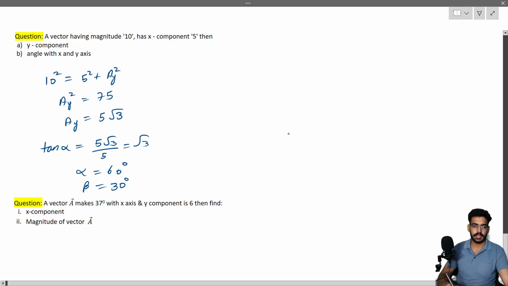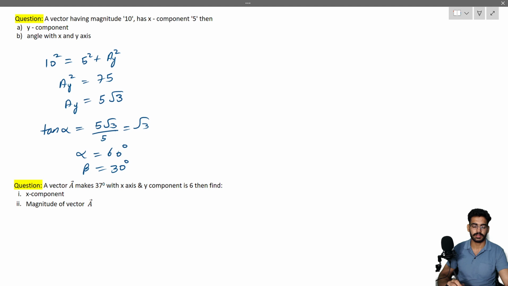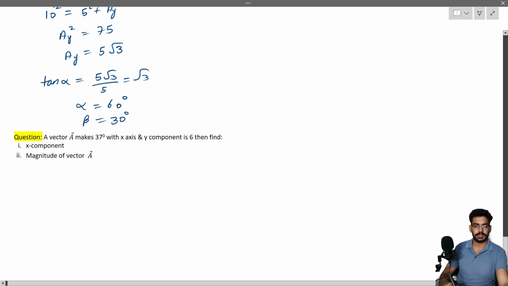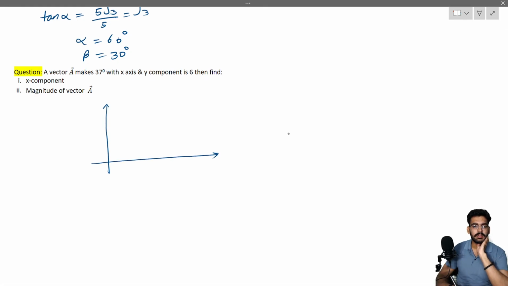Now next question. A vector makes angle 37 degree with the x-axis and y component is 6. Then find the x component and so on. So let's go with the diagram. As I told you, you don't have to remember the formula. Okay. What it is saying is that it has y component 6. So it's like this.